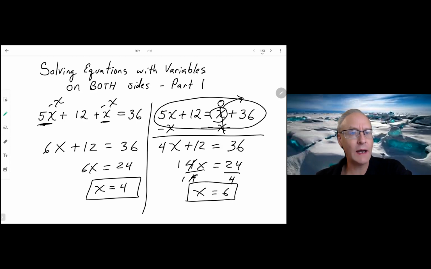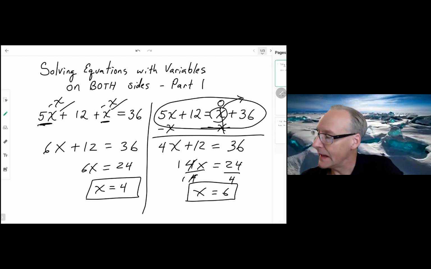And think about, why can't you do this? If I take an x from here and take an x from here and here, I'm taking two x's from this side of the equation, and I'm not doing anything to the other side. Remember, the most important part of algebra is to do the same thing on both sides of your equation, okay?